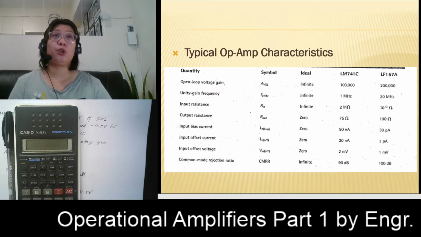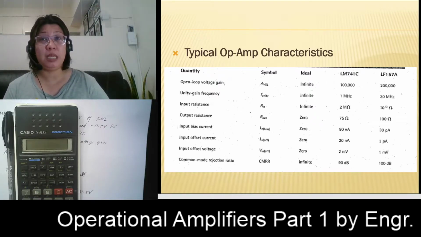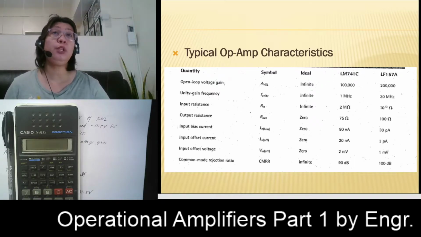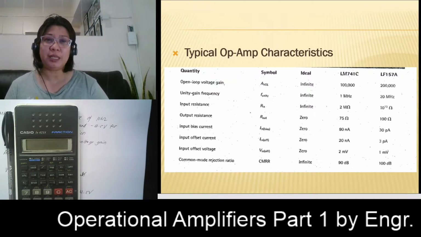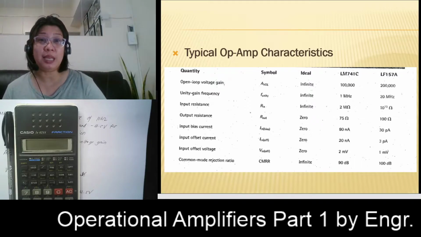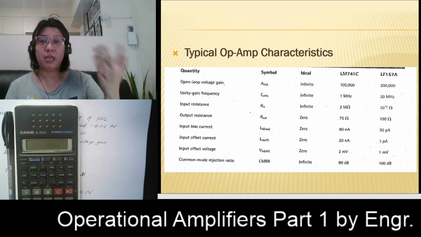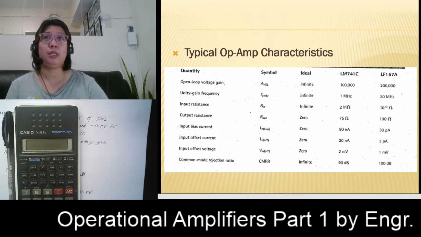Later we will be discussing what that means. But if you have an input equivalent to 10 microvolts, it is possible that we can get an output equivalent to 1 volt. From 10 microvolts to 1 volt is roughly 100,000 times.